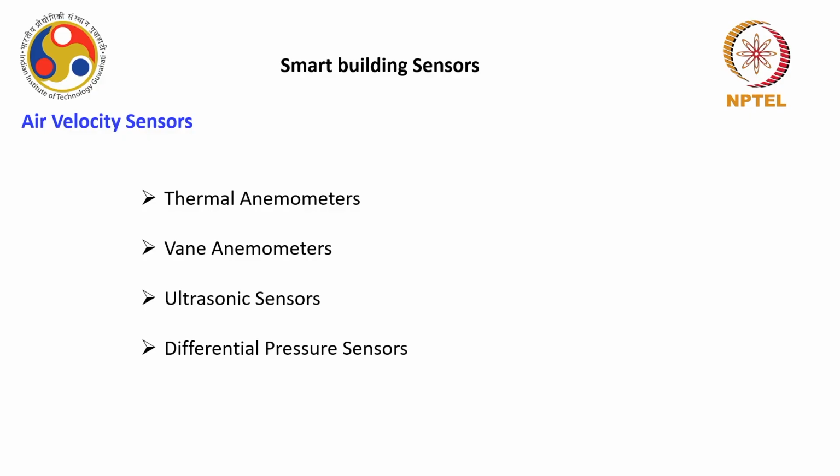Out of these 4, thermal anemometers are very popular, and that is why thermal anemometers have been fabricated using MEMS technology as well. After we discuss these 4 different air velocity sensors, we will also talk about MEMS sensors, and we will see how micro electromechanical systems can be extended for the measurement of air velocity. All right.